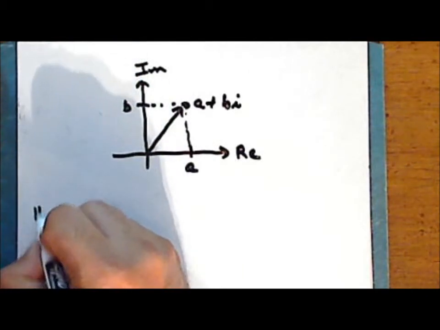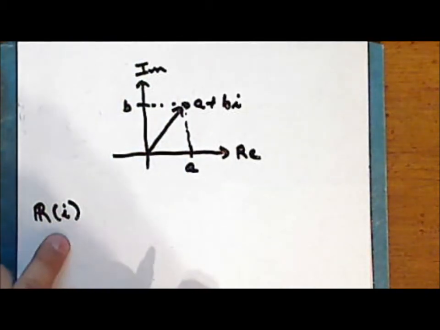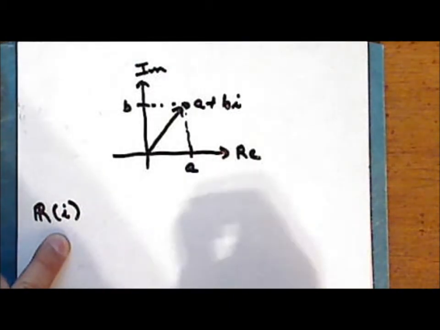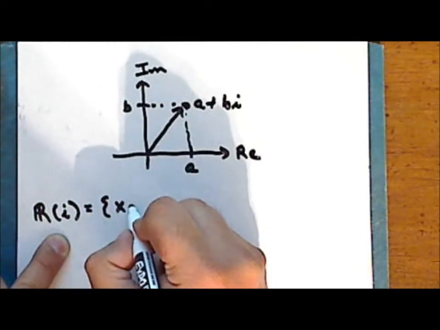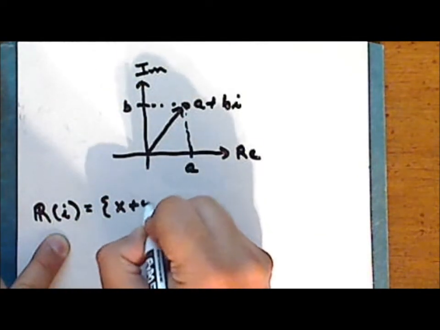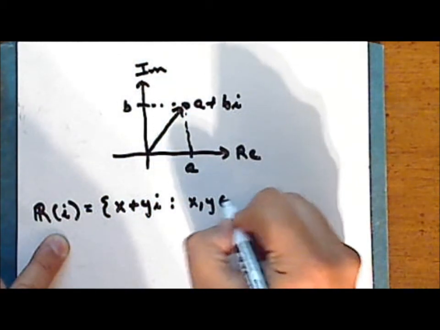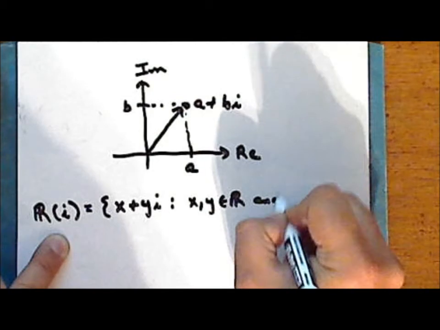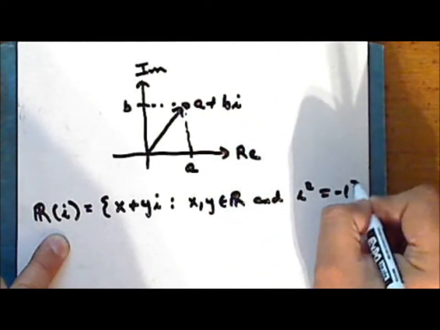So one of the earliest manifestations of the complex numbers was as the algebraic extension of the reals to include real multiples of the number I. And so this is the set of numbers of the form x plus y times I, where x and y are real numbers, and the number I is the number such that its square is equal to -1.